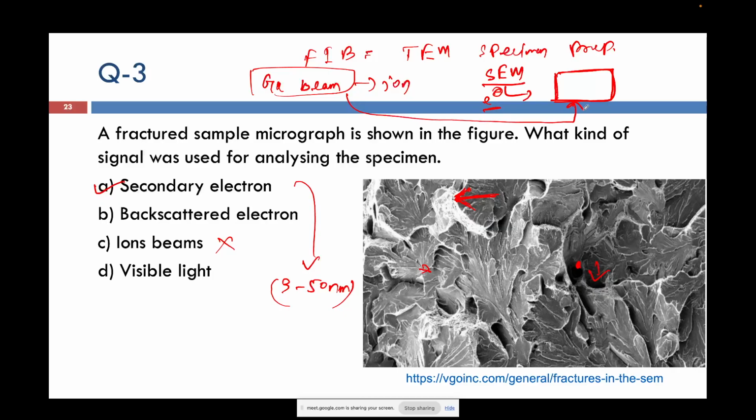Okay, so this is one technique, just remember, that is called focused ion beam. So ion beams are definitely not advised or preferable for viewing the sample, and visible light, because its wavelength is too high, cannot detect the topographical features.